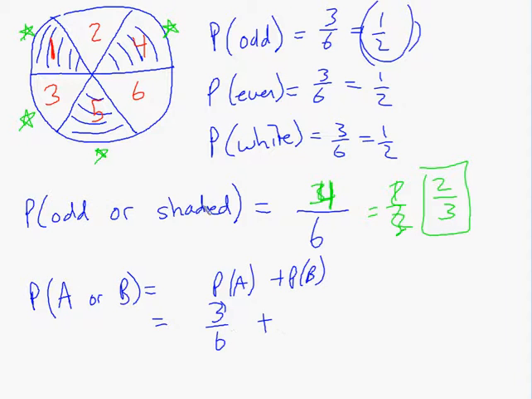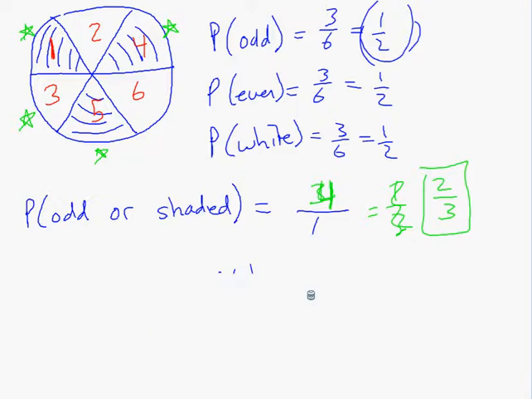In the probability of event B, shaded, we also calculate, well, we didn't calculate that, but we can see probability of shaded is 3/6 right here. 3/6, and then we add those and we get 6/6, which is 1. Wait a minute, these are two different answers. This formula, the way it's written, is for exclusive, meaning there is no overlap. So this formula will not work in this case.